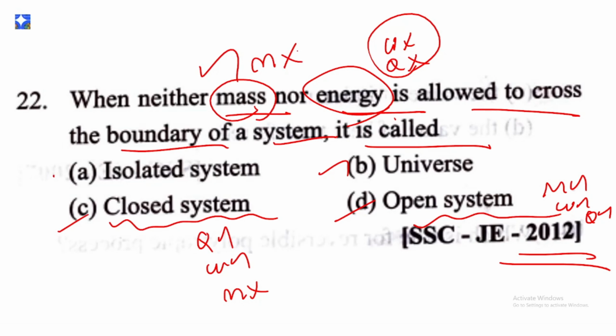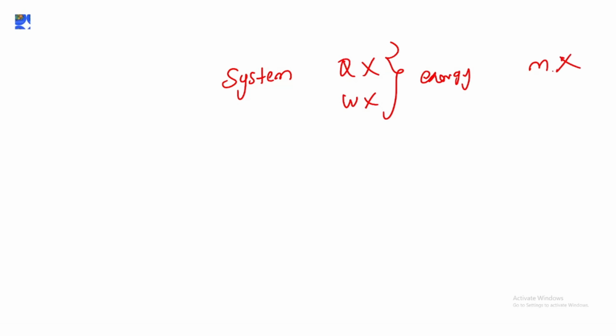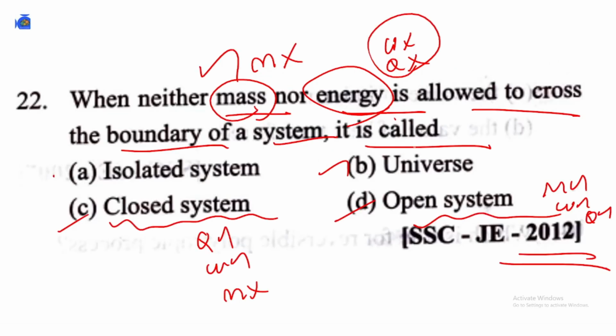Then that system is called an isolated system. So I can say that option A would be the correct answer.